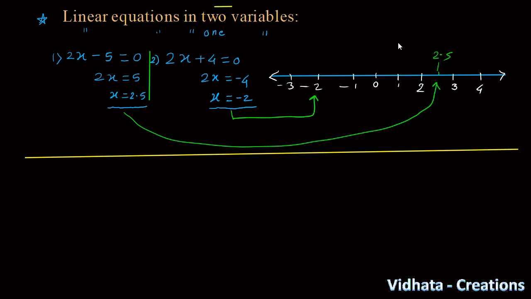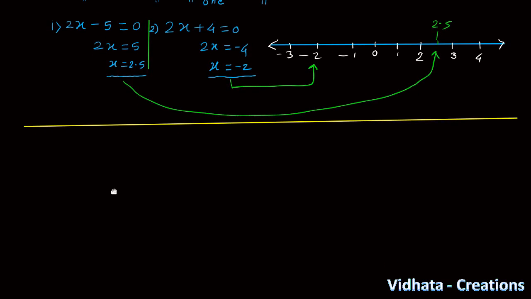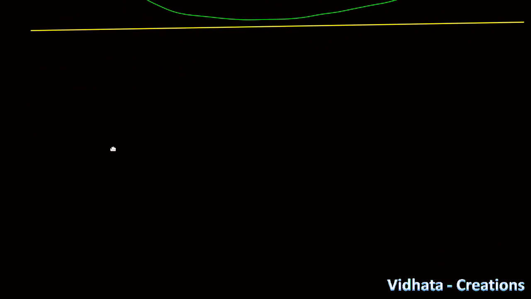So let's know what the linear equations in two variables are. If you think of a linear equation in two variables, automatically it will be in your mind that it must contain two variables.